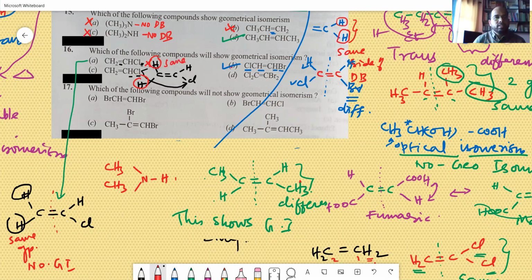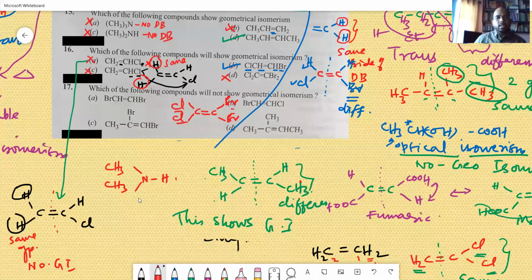So this doesn't show any geometrical isomerism. This also doesn't show any geometrical isomerism. Cl2C double bond CBr2: Cl, Cl, C double bond C, Br, Br. Same groups on the same side. So this also doesn't show any geometrical isomerism.